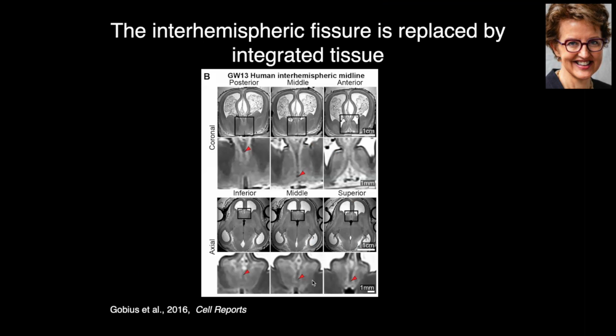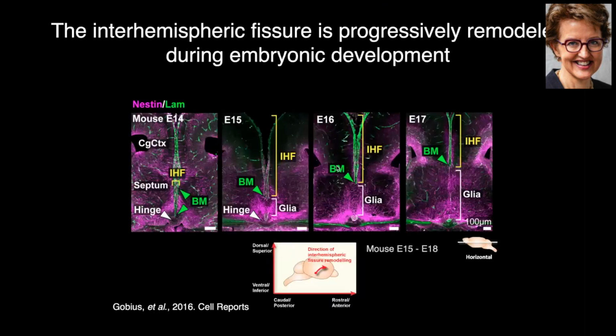Here's the septum, and you can see inferior, middle, and superior views here, showing the way in which the fusion occurs during development from inferior to superior, and really from posterior to anterior as well.